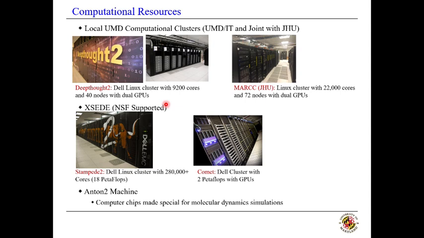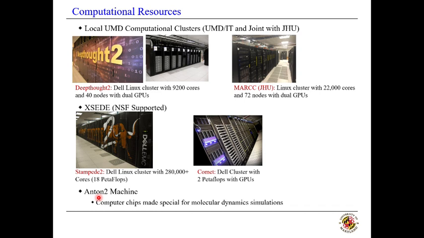And so we don't have a wet lab. We use computers, high-performance computers, to do our research. We have resources on campus, DeepThought 2, which will be upgraded to DeepThought 3 hopefully this summer. We have access to a joint resource at Johns Hopkins that has reasonably upgraded GPUs, and also resources at National Supercomputers and a resource, Anton 2, that just does MD simulations.